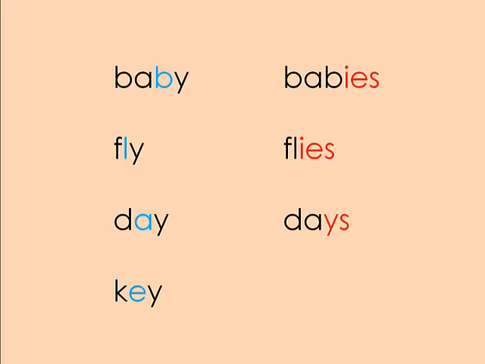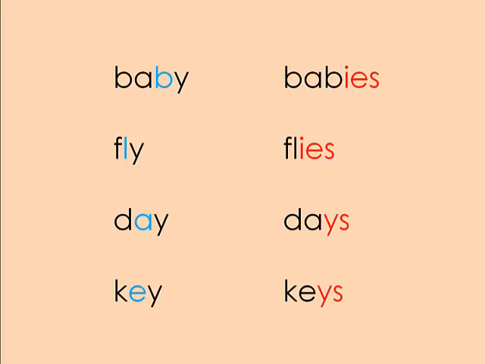Day, A is not a consonant, it's a vowel. So we don't change the Y to I. We don't use this rule. We go back to rule number 1 and just add s at the end. The same with key.